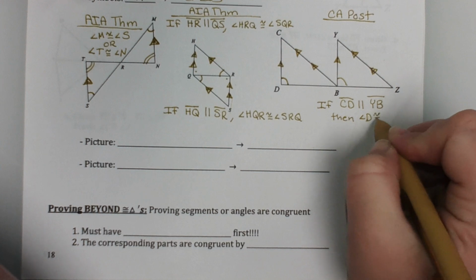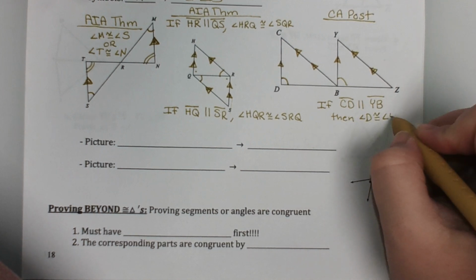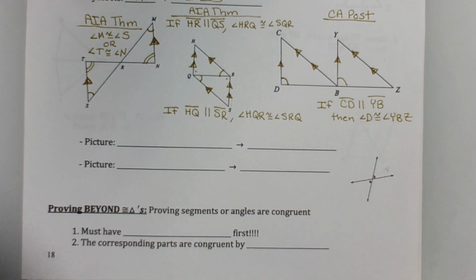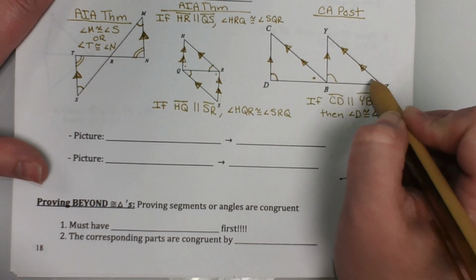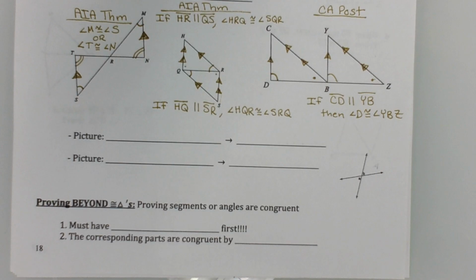Angle D is congruent to angle YBZ. The other situation would have given you this angle and this angle. That one shows up very, very rarely. I'm not going to give you the actual written out version of that one because it's following the same idea.